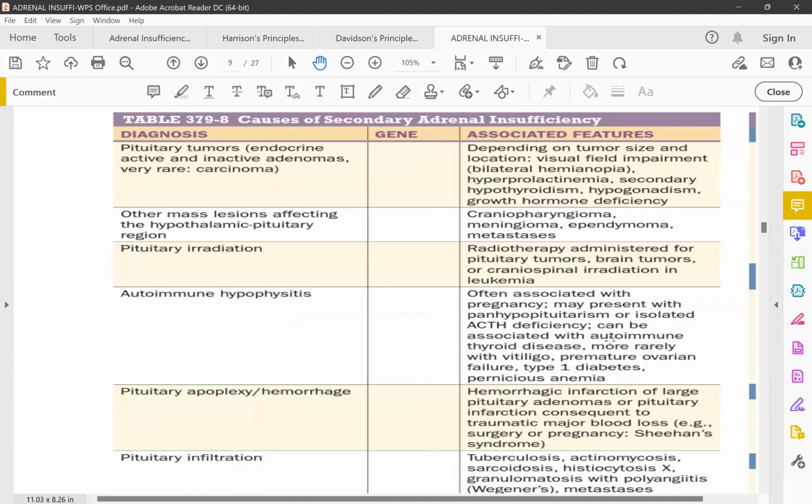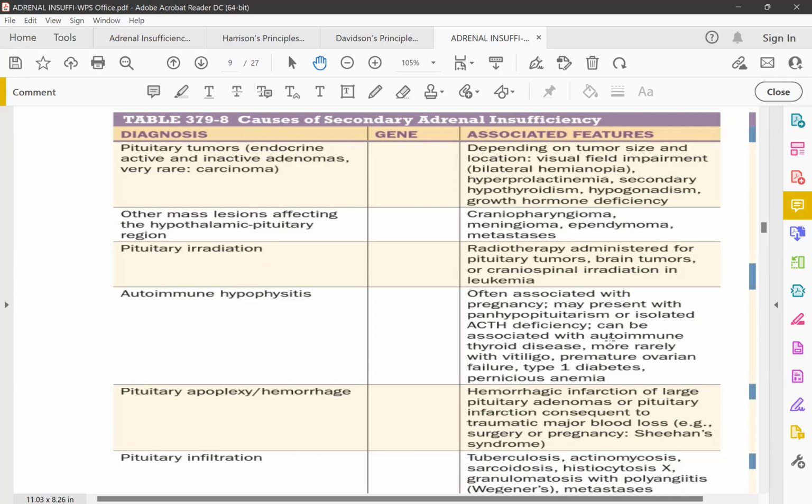Exogenous corticosteroids. Just like in the case of adrenal hyperfunction, the first exclusion is whether the patient is on steroids. Here also, use of exogenous steroids is the fundamental cause of adrenal insufficiency. Why? When you use exogenous steroids, there will be cortisol circulating in the blood, ACTH is suppressed, and the adrenal gland doesn't have to function because it is getting cortisol from outside.